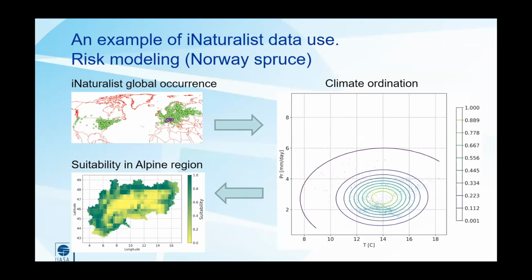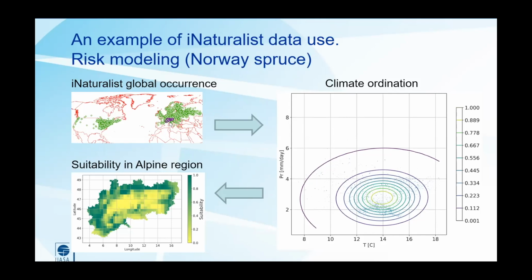And a few words on how we are going to use this information afterwards. Here we just grab one species, Norway spruce, just the usual spruce you can see, which is native to the Alps, but it also grows in America and in Eurasia quite widely.